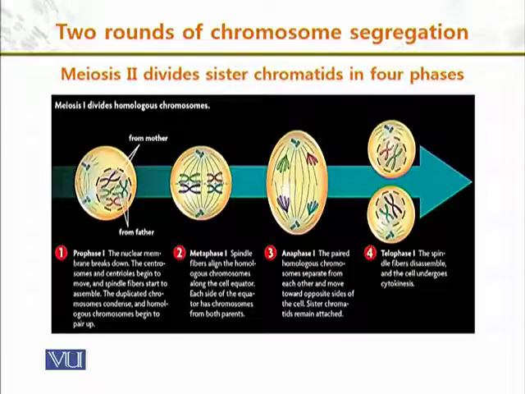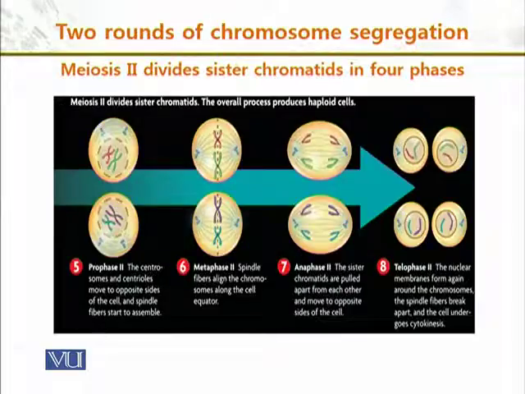Then there is a metaphase, that is, they are separated and the spindle forms. Then there is an anaphase, that is, they pair up the homologous chromosomes. एक तरह के जो क्रोमोसोम हैं उनको वो इकट्ठा कर लेते हैं. And then it's the telophase. These are the terms, mind you, which you have frequently read in your earlier books or in the earlier course.